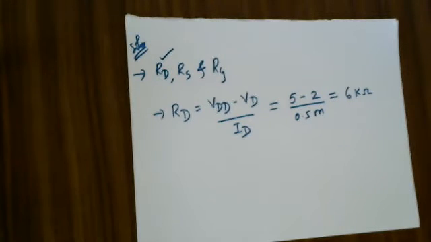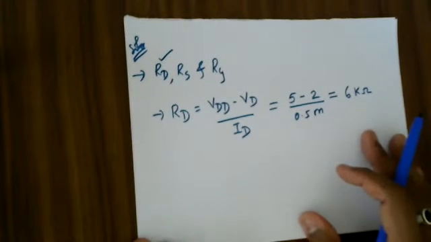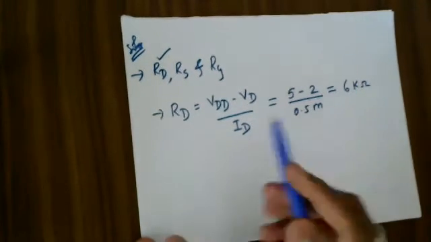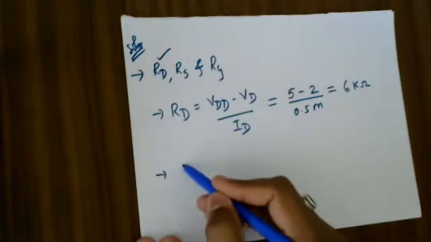VGS is also unknown, VOV is also unknown. Then which equation is left out now? Yes, correct. So here I will have the equation for the drain current ID.